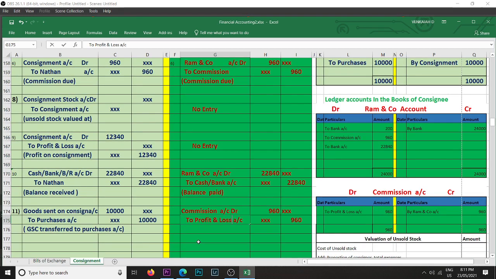Commission transferred to P&L account. Okay, students, over. We passed the entries in the books of consignor and consignee. Okay, we will go to problem number 2.